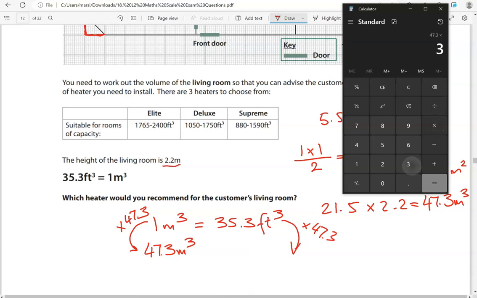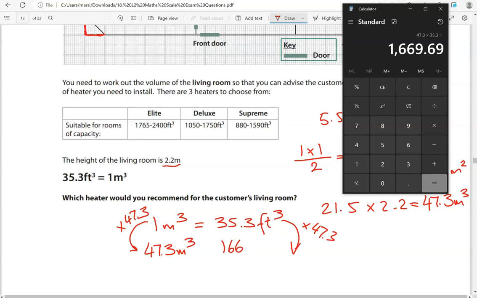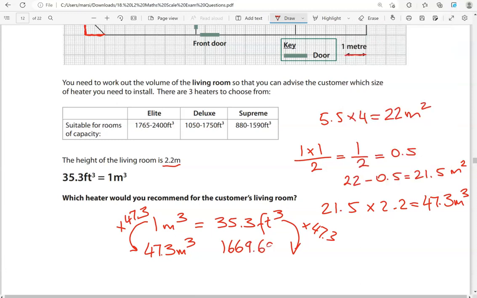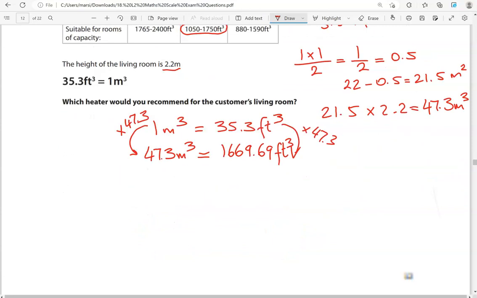So times 35.3 gives us 1,669.69. So where does that fit? That is in between 1,050 and 1,750 cubic feet. So we're going to pick Deluxe.